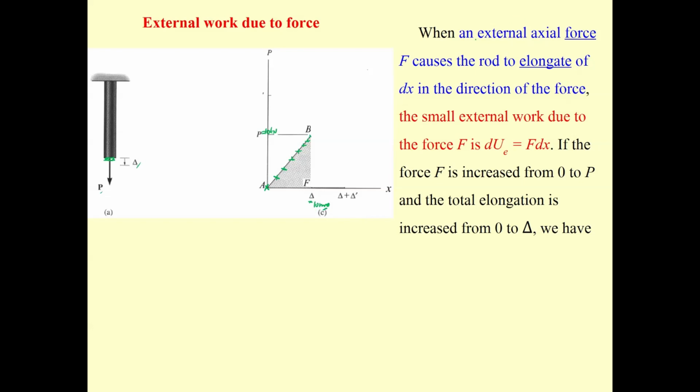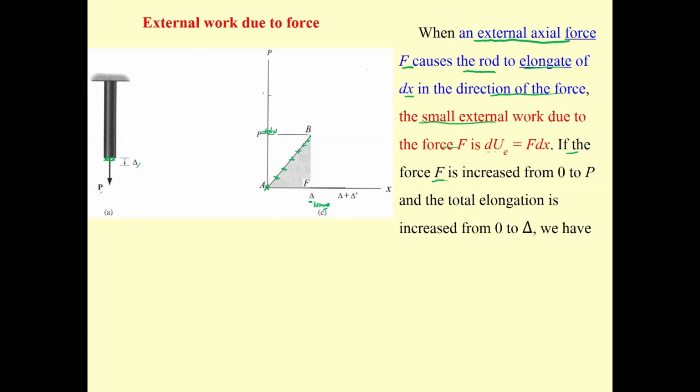So an external axial force F causes the rod to elongate by x in the direction of the force. If you think about it, the small external work due to F is going to be dU equal to F times dx.